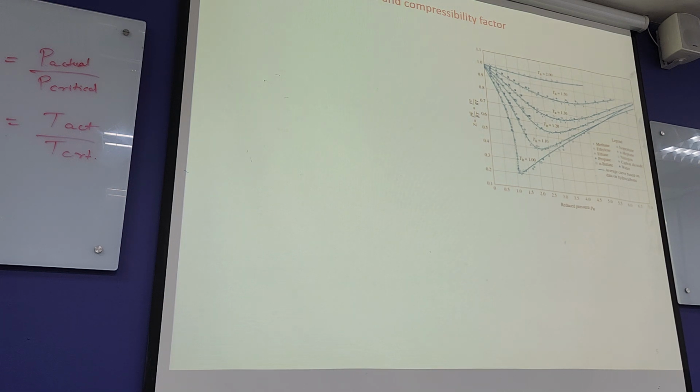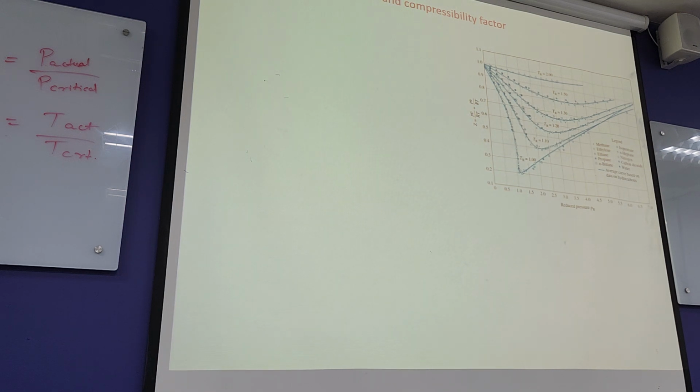Let's say that's your critical point, and that's your T critical. Definitely here this gas will never behave like an ideal gas at that point or any other point along this line, because it's saturated gas along the line.